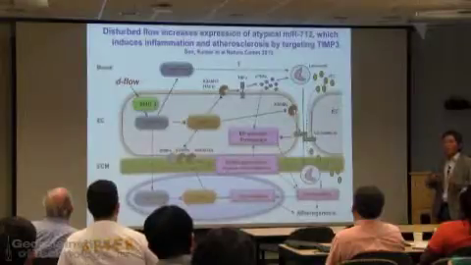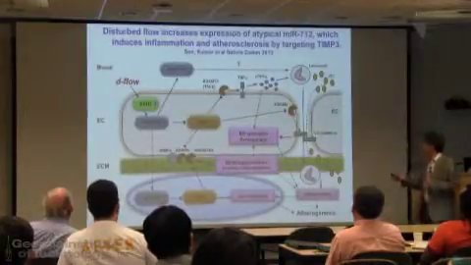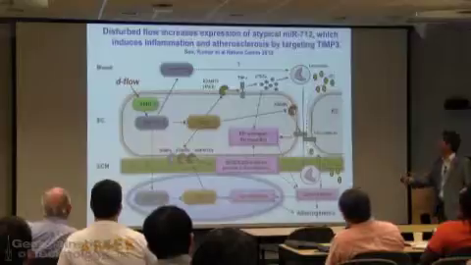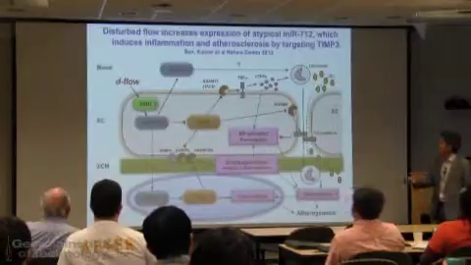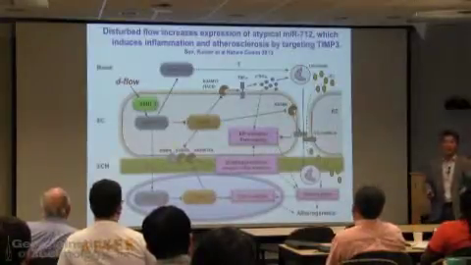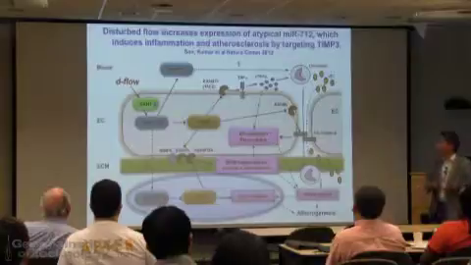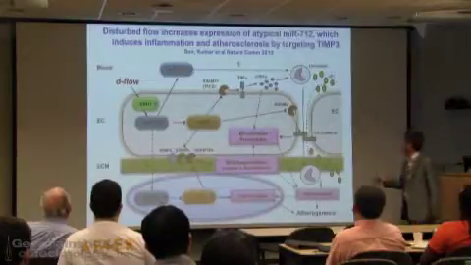So in summary, what we showed in that study was that in endothelial cells, when they are exposed to flow disturbance, this leads to activation of miR-712. Now, there is a very novel pathway that we also described in this paper, but due to time, I'm going to skip that part.